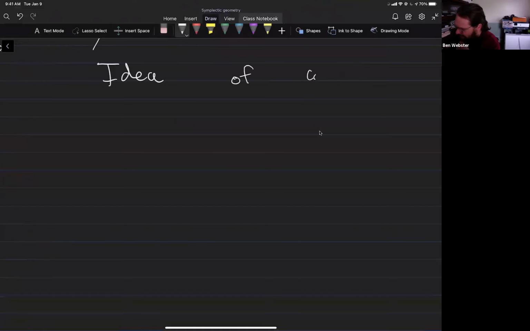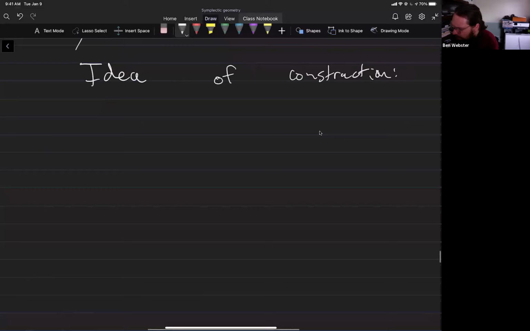So one part of this is proving that if you give me a Delzant polytope, then I can construct a symplectic toric manifold with that Delzant polytope as moment mapping. And the rough idea is this.